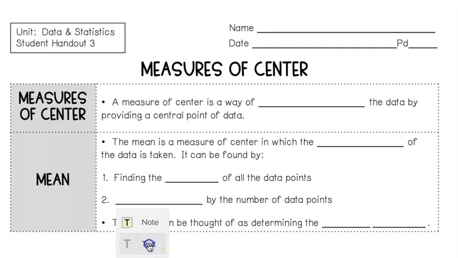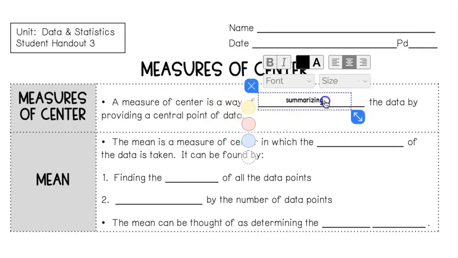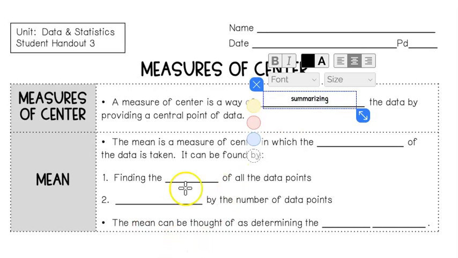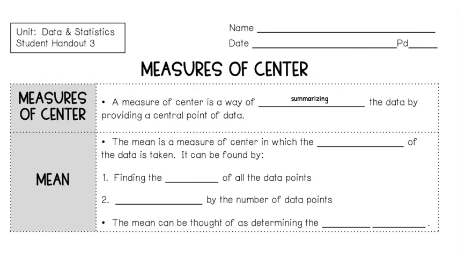So what we're looking for here would be the word summarizing. To review, a measure of center is a way of summarizing the data by providing a central point of data.